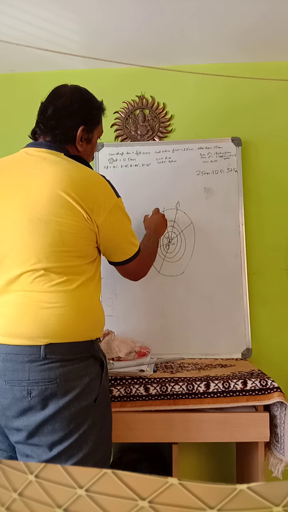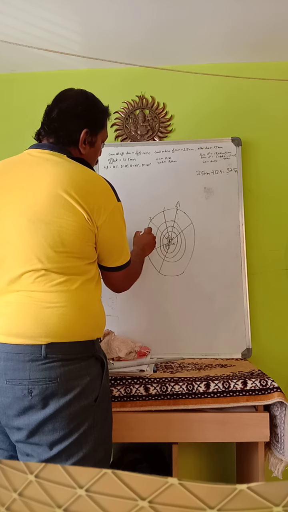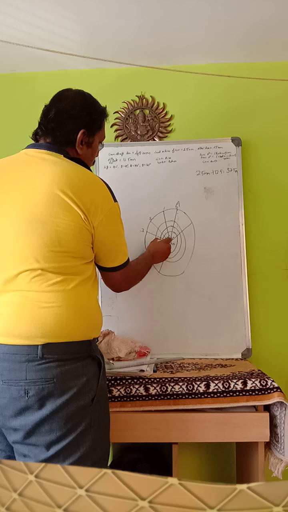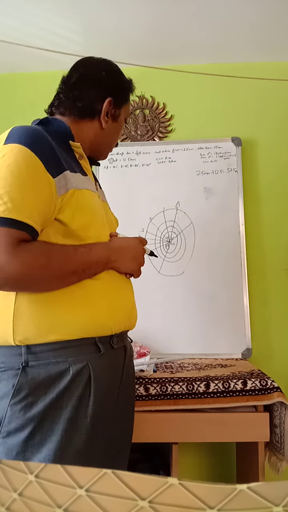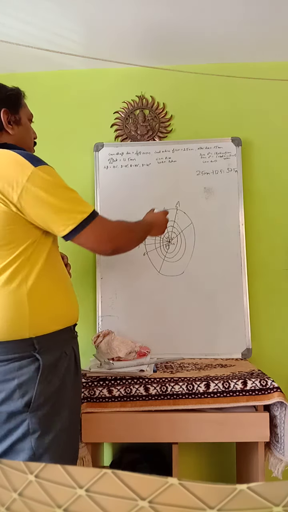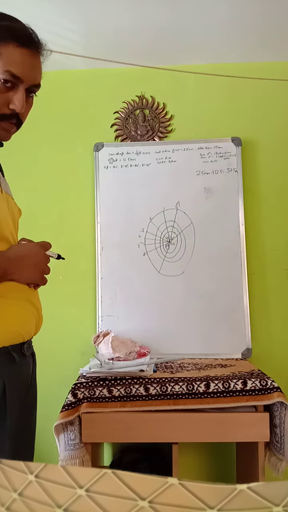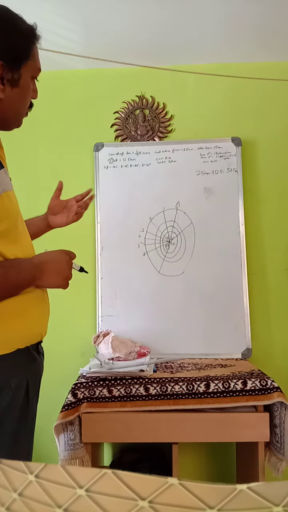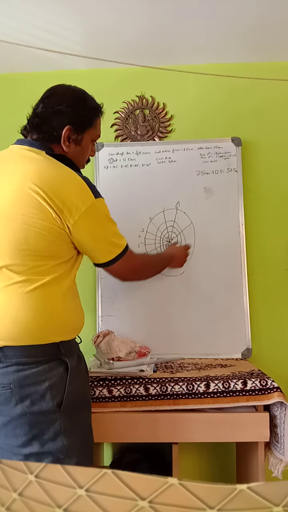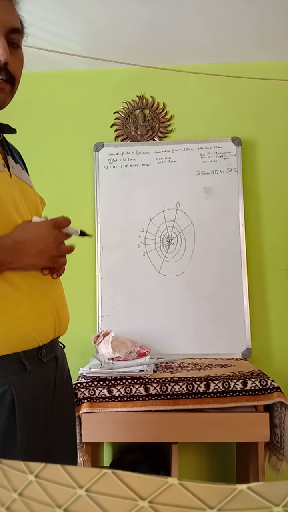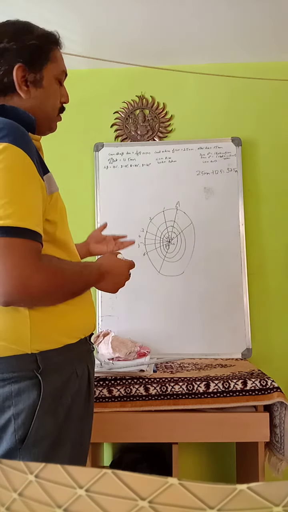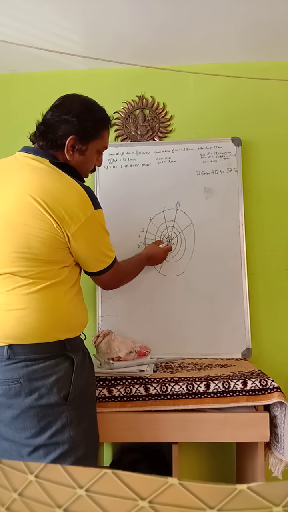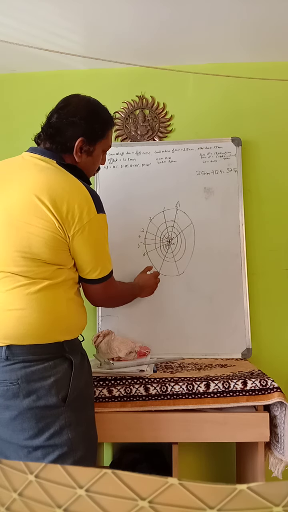This will be 0, 1, 2, 3, 4, 5, 6. So we have 6 segments now. Similarly, our return can also be divided into 6 parts. Again it is 150 by 6. Whatever angle you get, you measure that angle and divide.